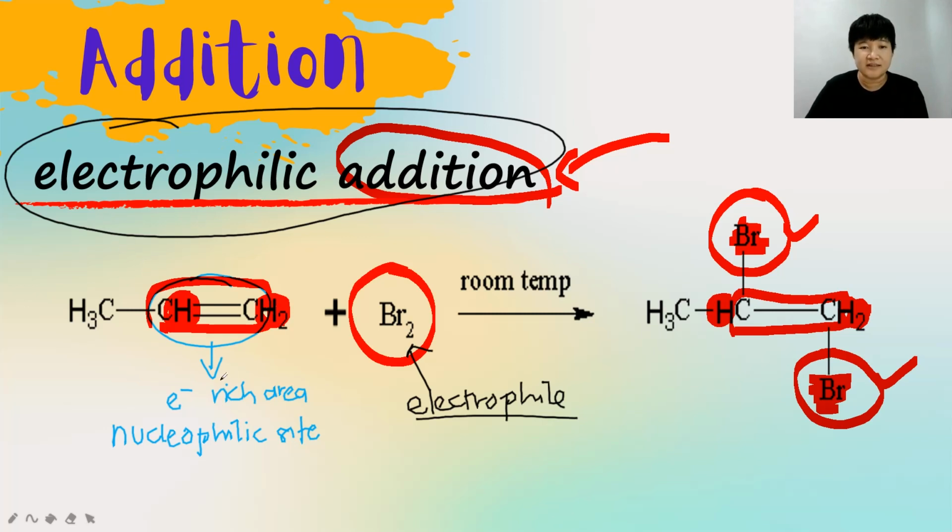Makes sense? Alright, see that? Your negative side will always be attacked by a positive side. Okay? Nucleophile means negative, electrophile means positive. Electron rich will always be attacked by the electron poor. Positive always attacks negative, negative always attacks positive.